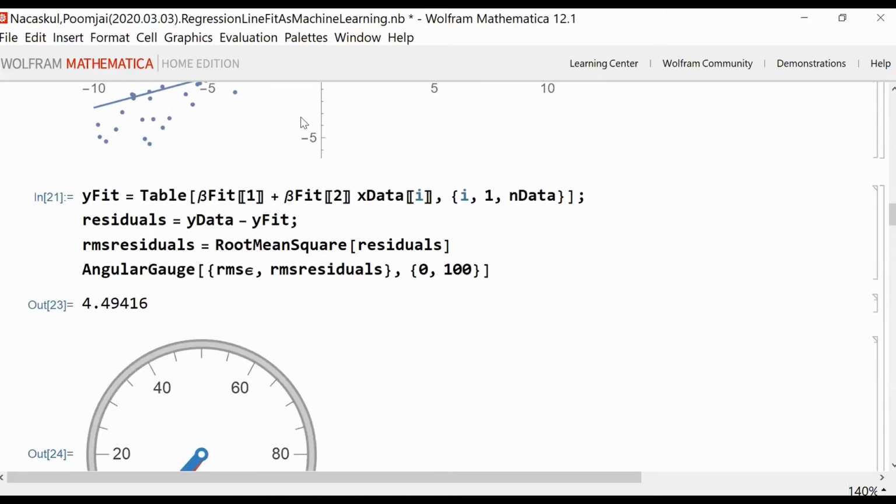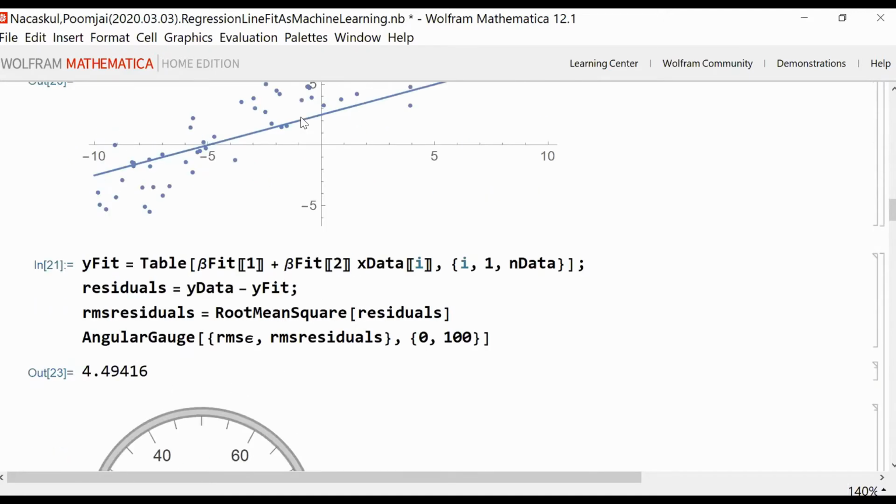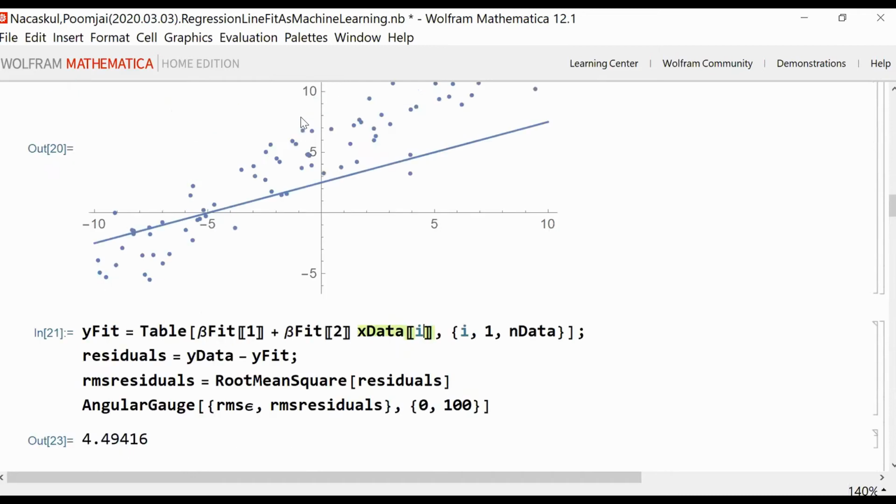Anyway, what I want to do is fit this thing. Fit 1, fit 2, and data. Can you guys see this? I hand drew the equation.